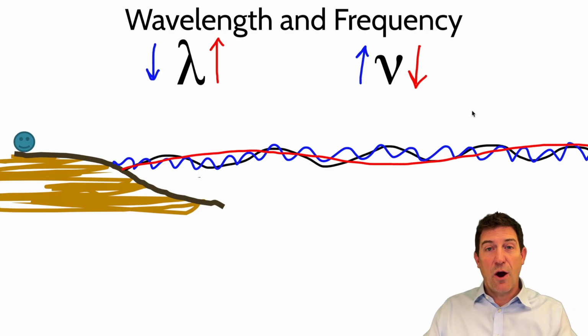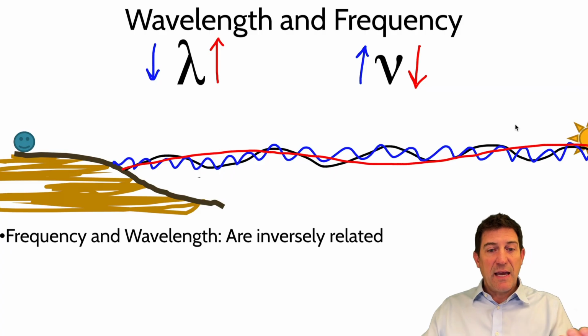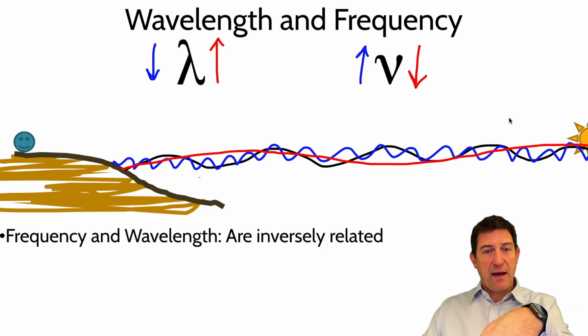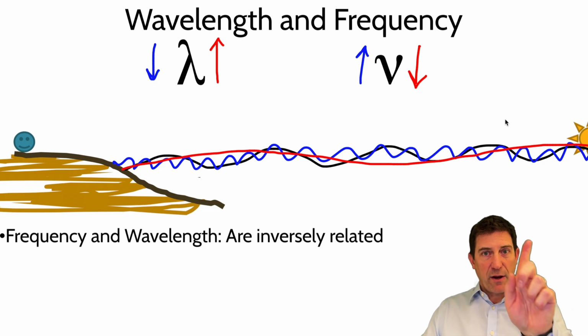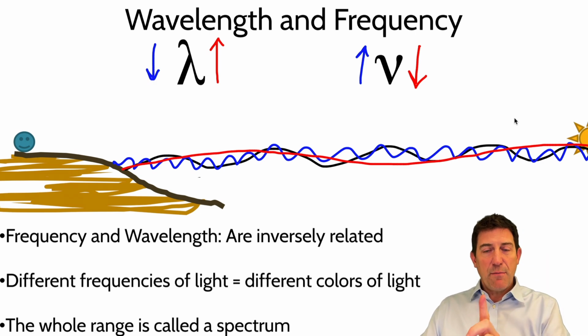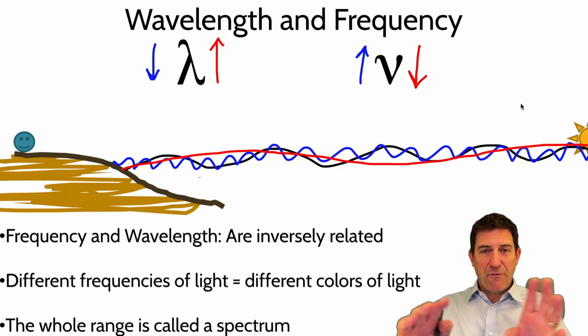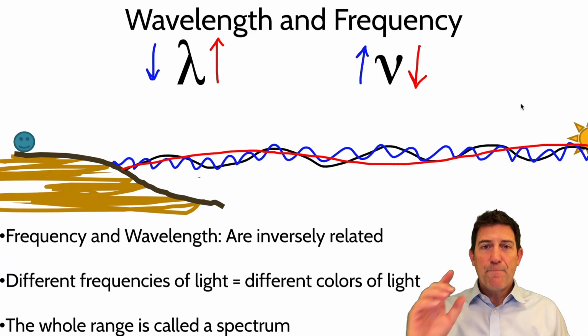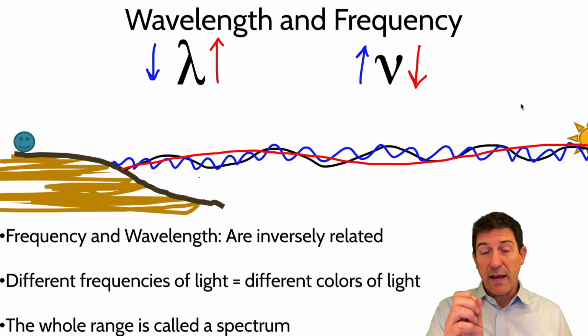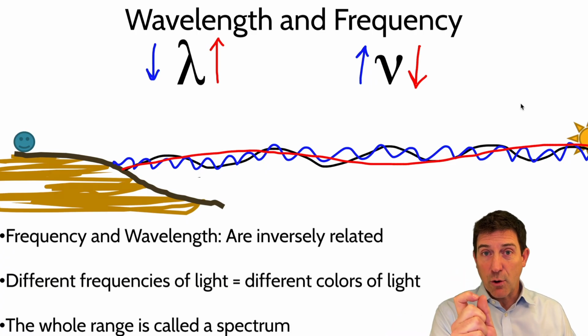These two are related mathematically. This relationship is inverse. As wavelength goes up, frequency goes down. As wavelength goes down, frequency goes up. So there must be a formula then that relates these things. And before I jump into that, now look, blue light, when you see blue light, you're seeing something that has a shorter wavelength.